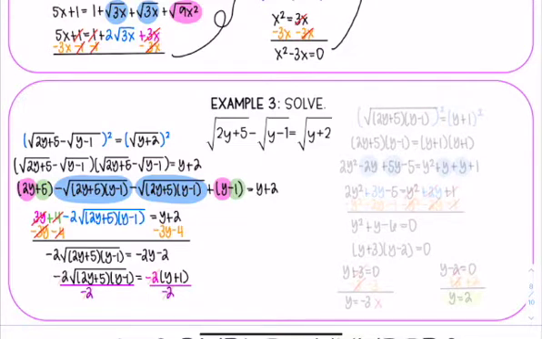And so what ends up happening on both the left and right is that the negative 2's are going to cancel. And so we end up getting the square root of 2y plus 5 times y minus 1 is equal to y plus 1. And so we need to get rid of the radical, and we are going to square both sides again.